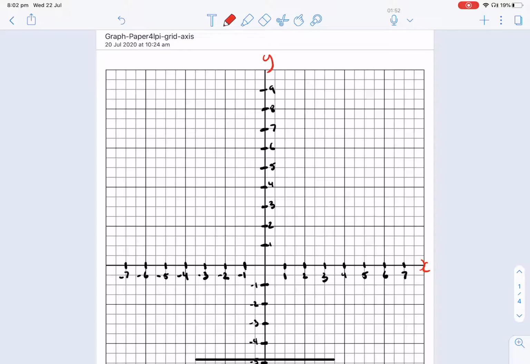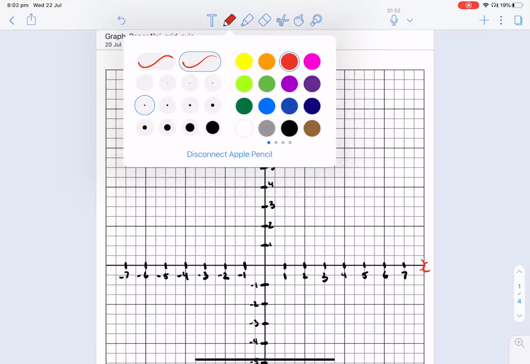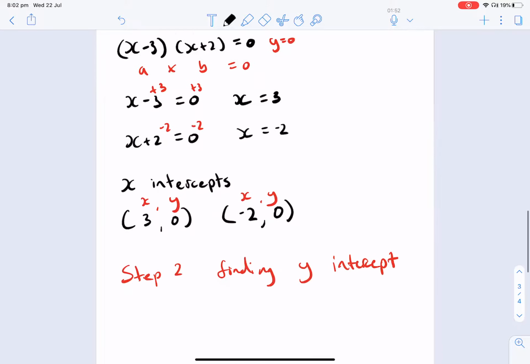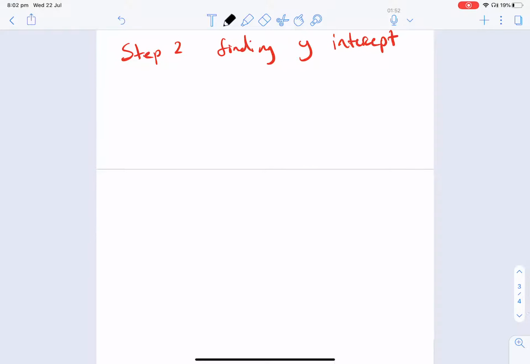our x value at this point of origin here is going to be 0. So a simple way to find the y-intercept is to sub in a value, let's say let x equal 0, into our original equation, which is y equals x minus 3, x plus 2.